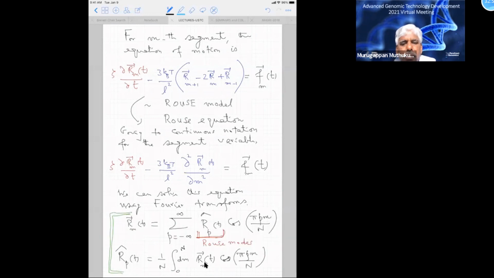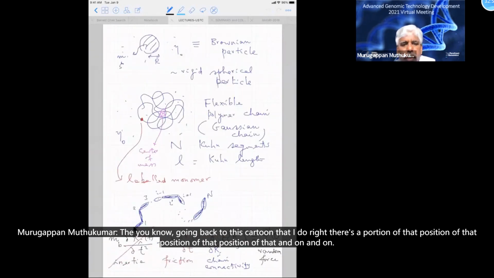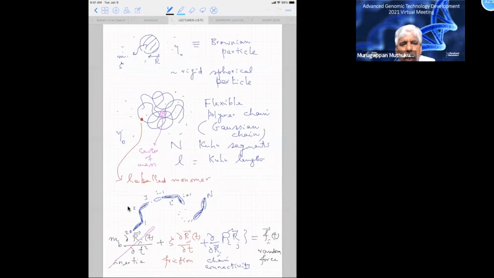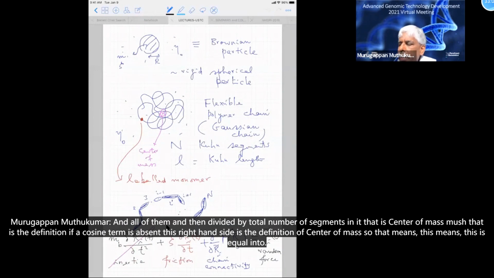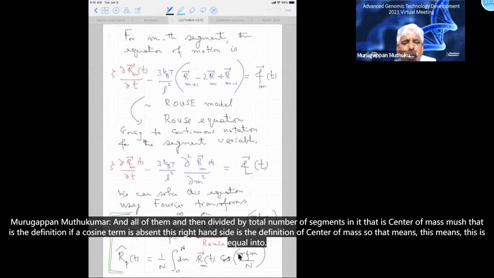Going back to this cartoon that I drew, this is the position of that, position of that, position of that, and on and on. So I add all of them and I divide by the total number of segments in it. That is the center of mass motion. That is the definition. If the cosine term is absent, this right-hand side is the definition of the center of mass.